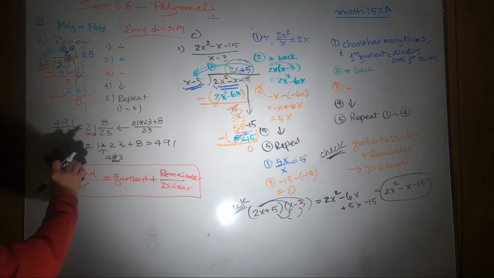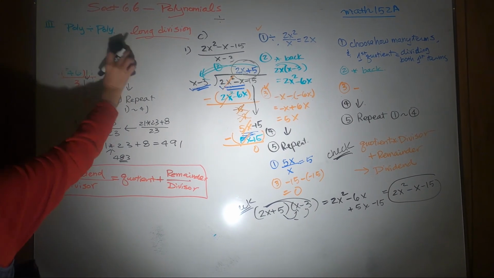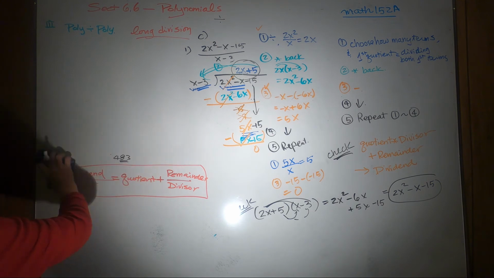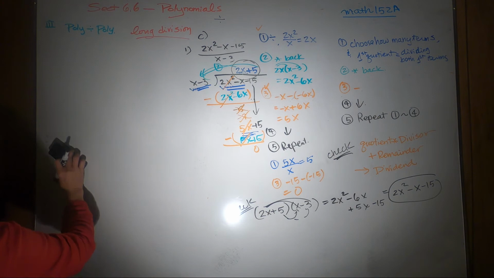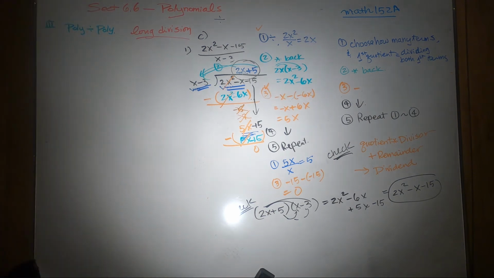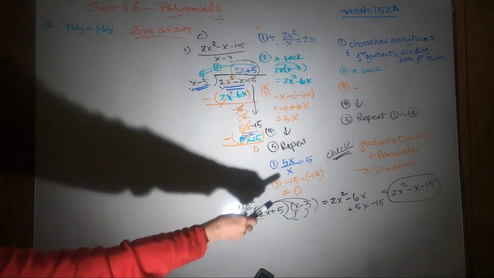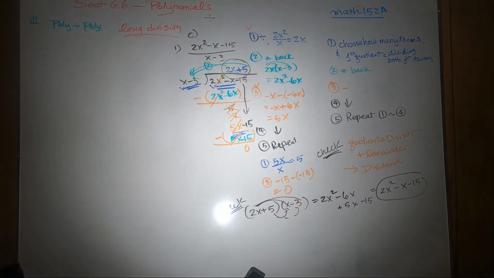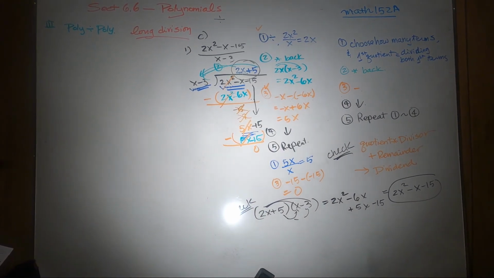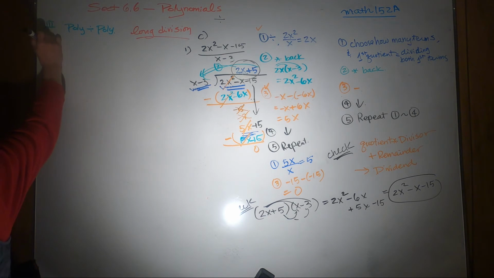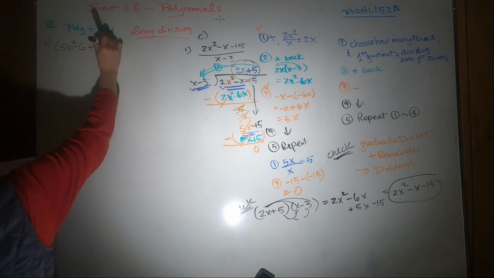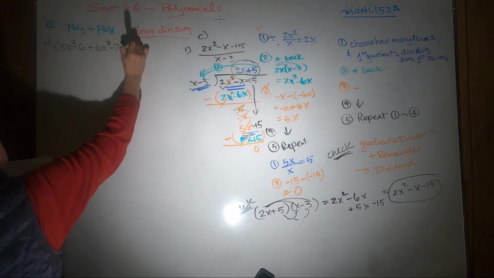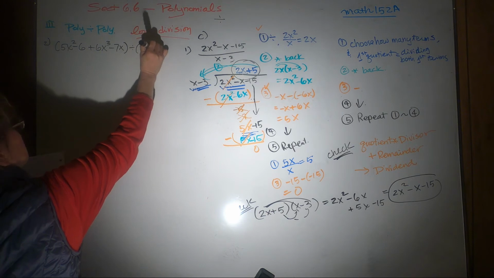So we are doing poly divided by poly. It's a long division, but you will do the same thing as the numbers. Then you will follow those steps. Okay? So if we have this one, 5x squared minus 6 minus 6x cubed minus 7x divided by 2x plus 1.